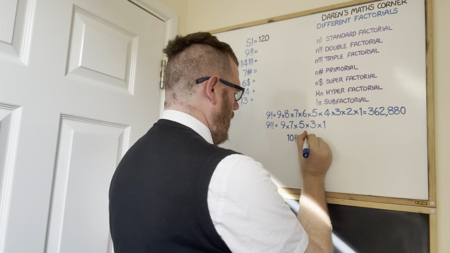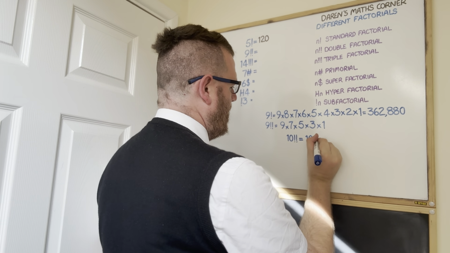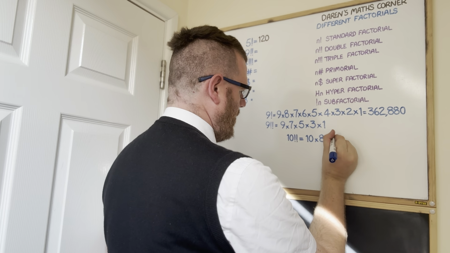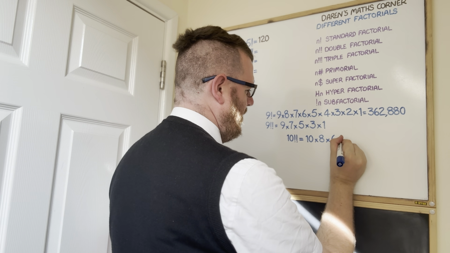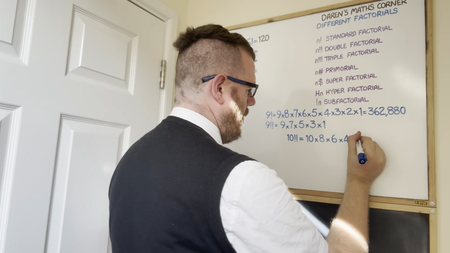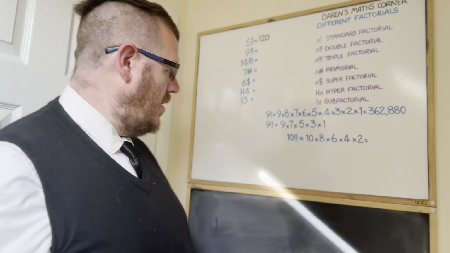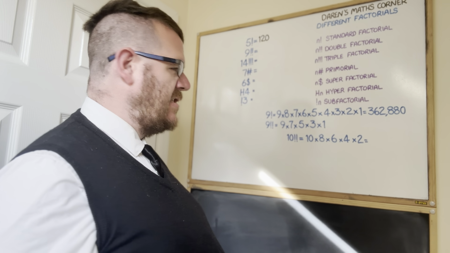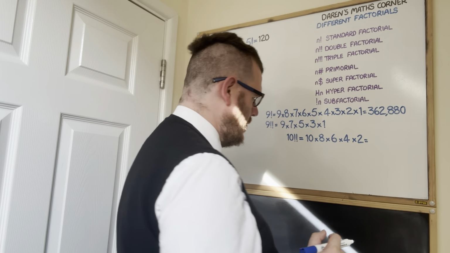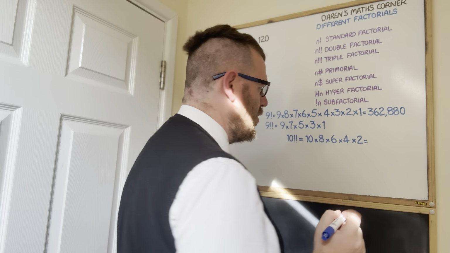So you do 10 times 8 times 6 times 4 times 2. Now 2 times 4 is 8, times the 6 is 48. 48 times 8 is 392.